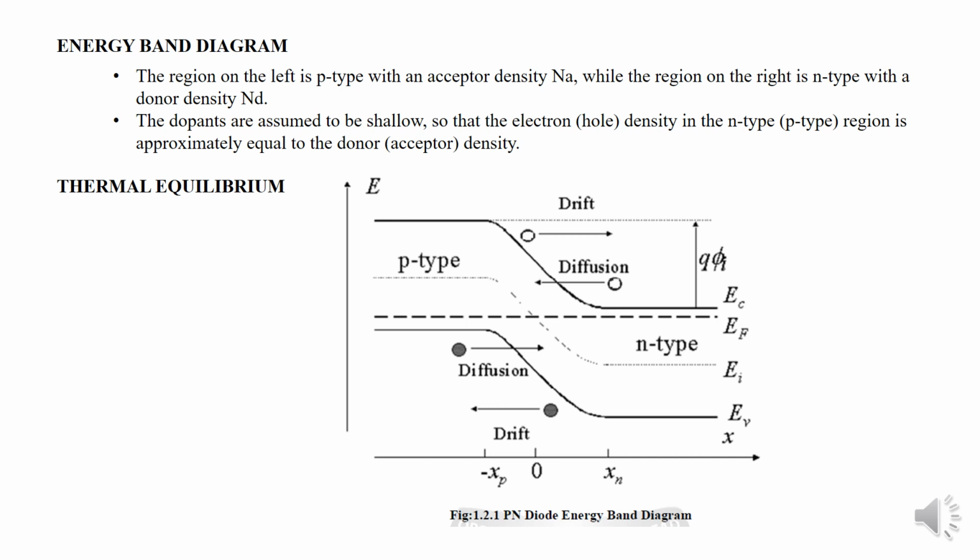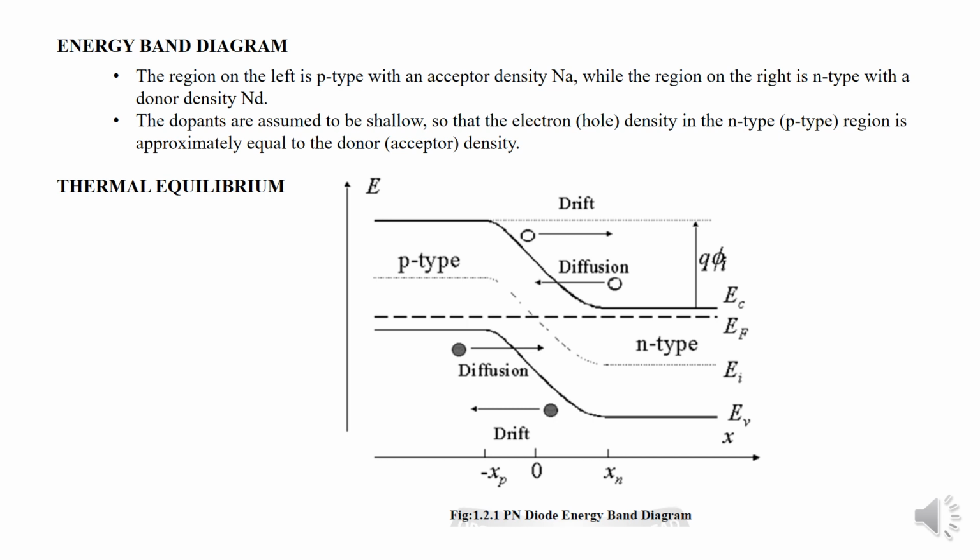This depletion region extends from x equal to minus xp to x equal to xn, and the charge due to the ionized donors and acceptors causes an electric field, which in turn causes a drift of carriers in the opposite direction. The diffusion of carriers continues until the drift current balances the diffusion current, thereby reaching thermal equilibrium, as indicated by the constant Fermi level. And this is thermal equilibrium.